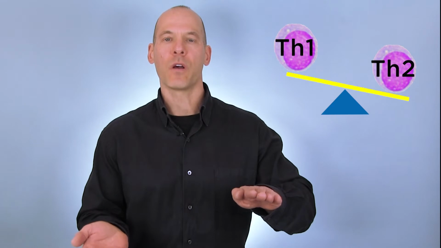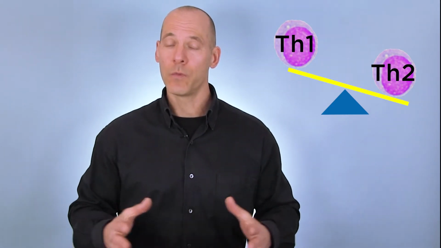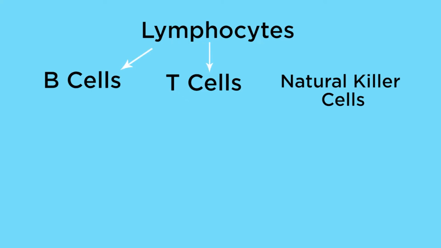Autoimmune diseases are complex dysfunctions of the immune system involving an imbalance of the Th1, Th2, and Th17 immune cells. Let me explain. Lymphocytes are a type of white blood cell that can be divided into three groups: B cells, T cells, and natural killer cells. Within the group of T cells are white blood cells called T helper cells.